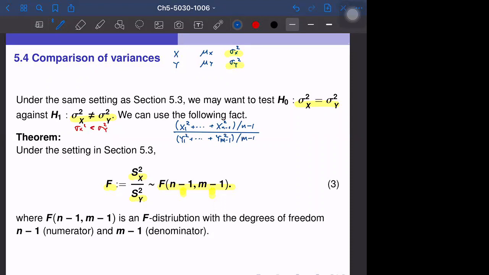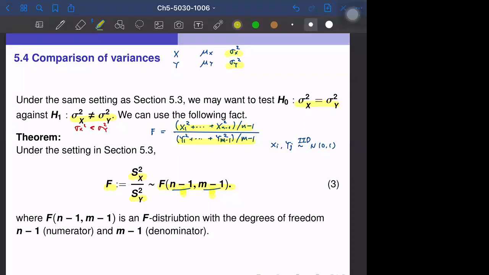Here, the Xi's and Yj's are all standard normal random variables and independent. Then this random variable F is defined as the F random variable with degrees of freedom n-1 and m-1. So you can see the numerator and denominator of this F are similar to the definition of variance.